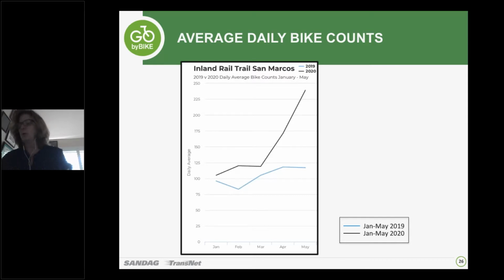And so we have 8 of these corridors, and happy to say that across all 8 of these corridors, we've seen about a 45% increase in people using their bikes this spring over last spring. So we'll continue to monitor that. We can bring additional statistics back to you at your next quarterly update. Be happy to. So at this point, I will stop and take any questions or comments that you have.